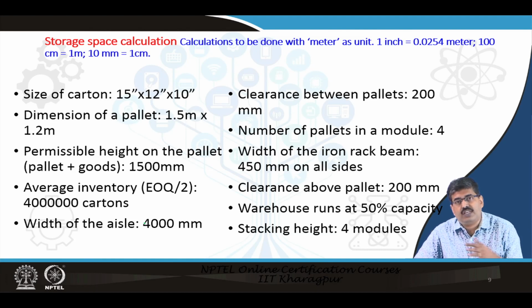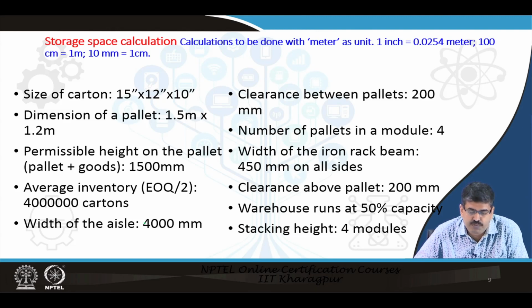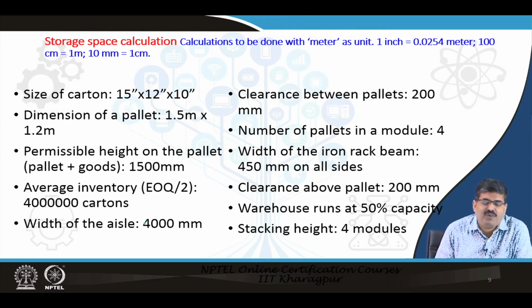It is a self-explanatory problem, but we will go through it. Storage space calculation, calculations to be done with meter per unit, as 1 inch is equal to 0.0254 meters, or 100 centimeter is 1 meter, 10 millimeter is 1 centimeter, we are given it for easy calculation.